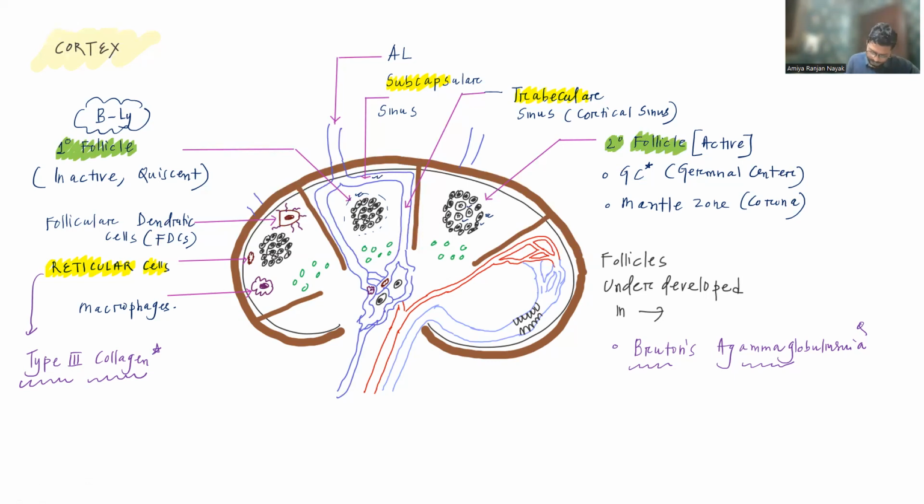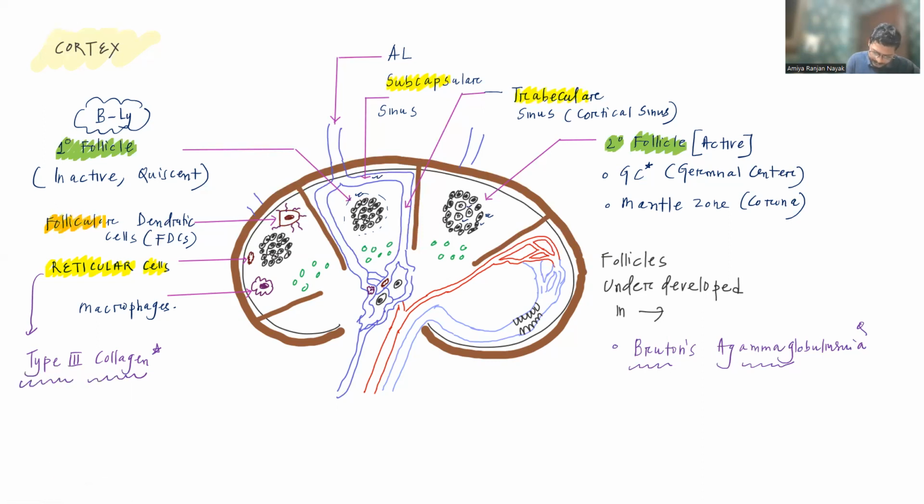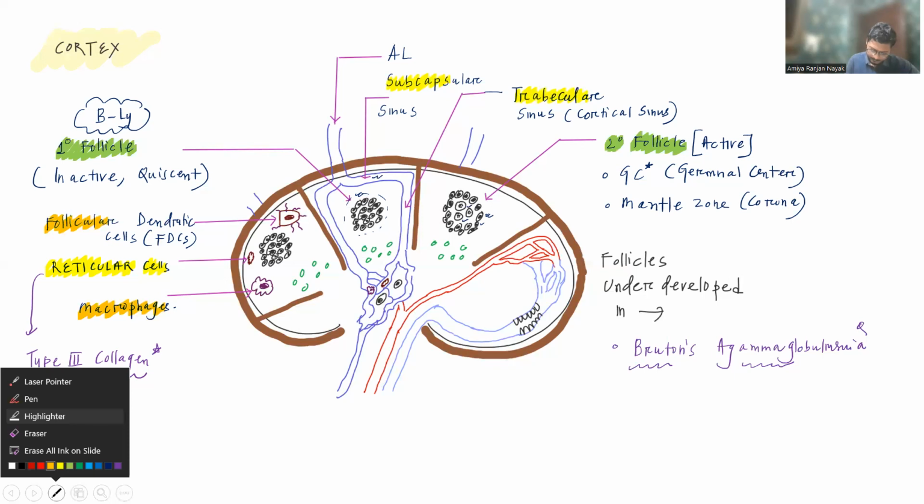Apart from these, you will find various supporting cells: the follicular dendritic cells, reticular cells, and the macrophages. The function of the reticular cell is to produce type 3 collagen. Now we'll see the function of follicular dendritic cells and macrophages.